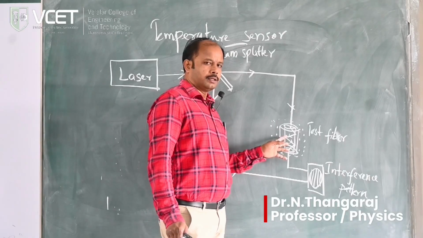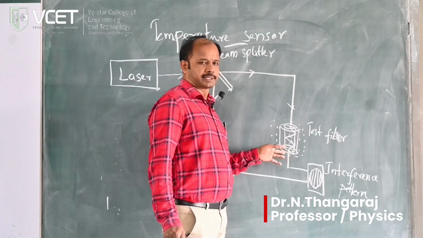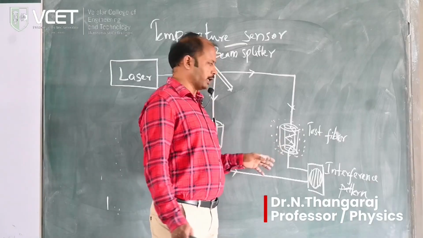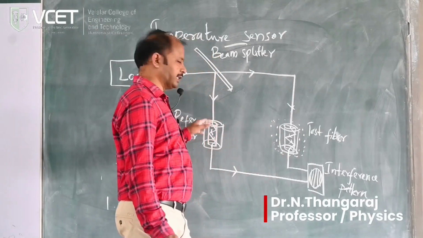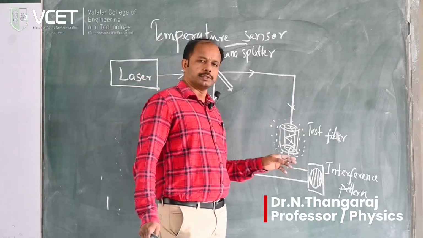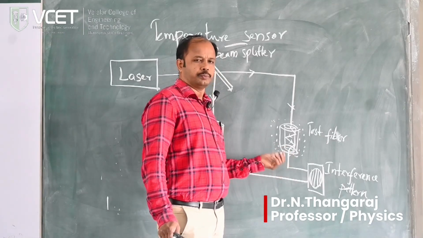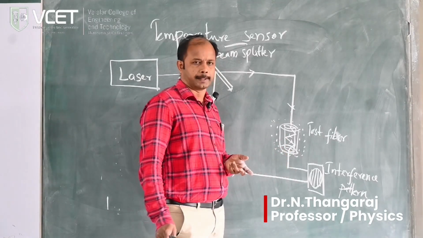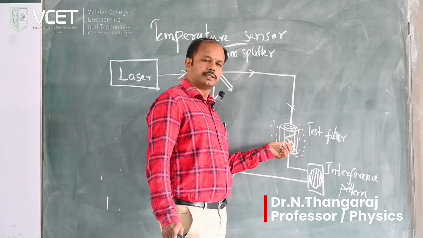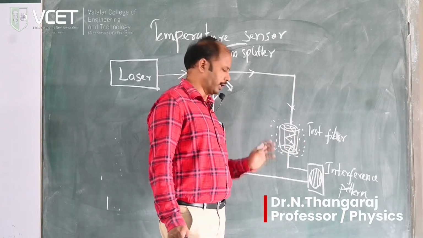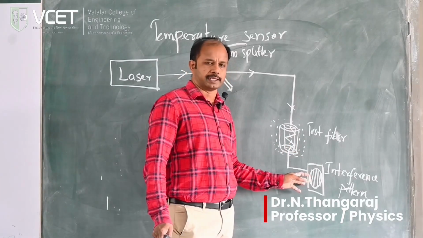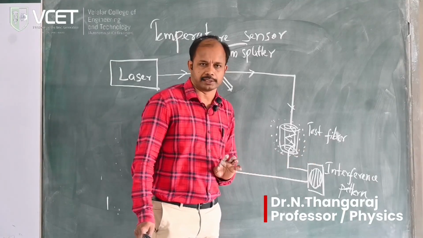Here the beam is affected by the temperature and pressure. So there is a path difference between the outputs of the test fiber and the reference fiber, and it produces an interference pattern because of the different temperature and pressure. From this interference pattern we can measure the temperature.